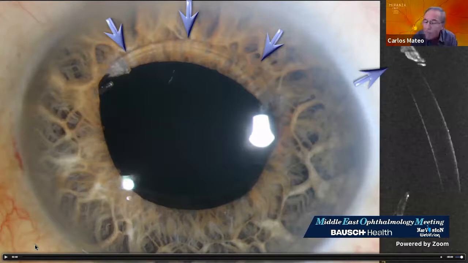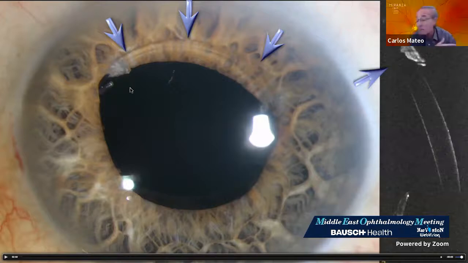And you have to remember, not all lenses are the same for the Yamane technique. There is one lens that is perfect. I don't have any proprietary or commercial interest, but Lucia from Zeiss, I think, is the best lens to do that. The MA50 that was reported in the Yamane publication has the problem that the union between the haptics and the optical part sometimes breaks.